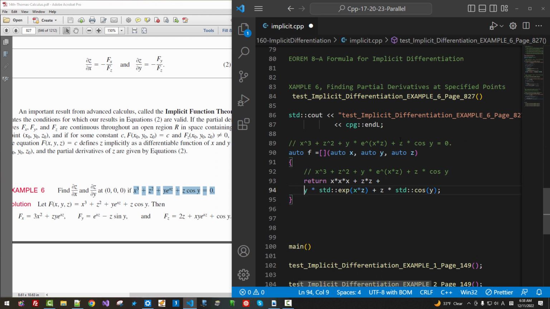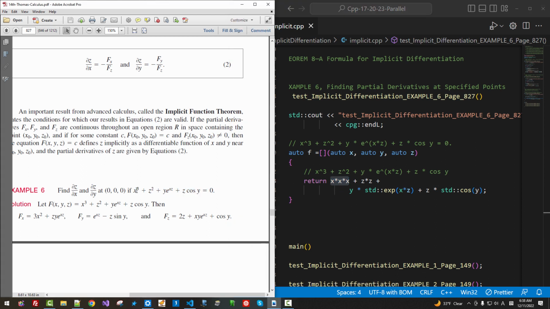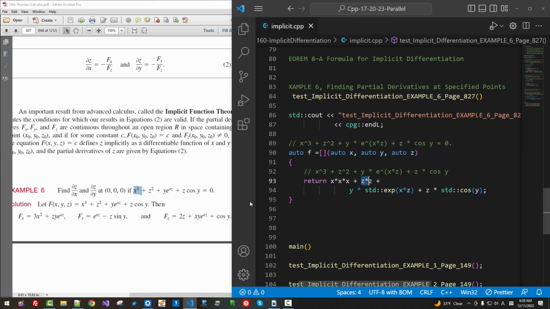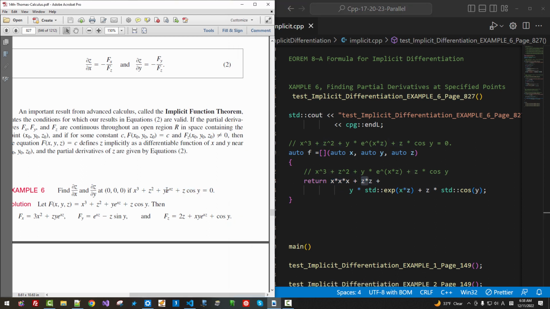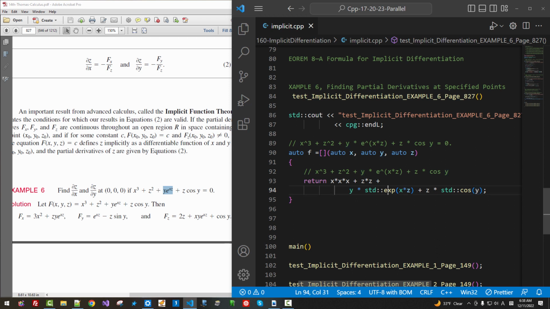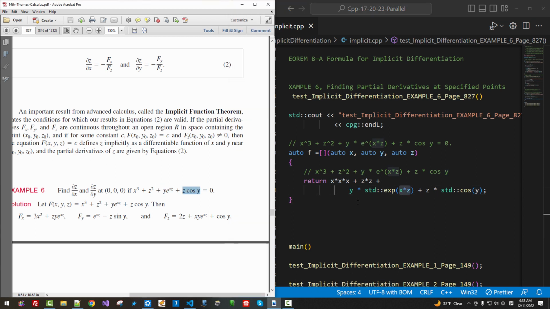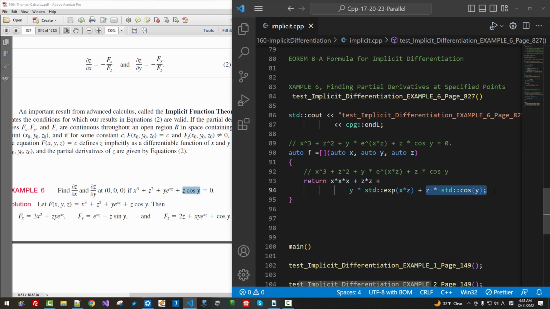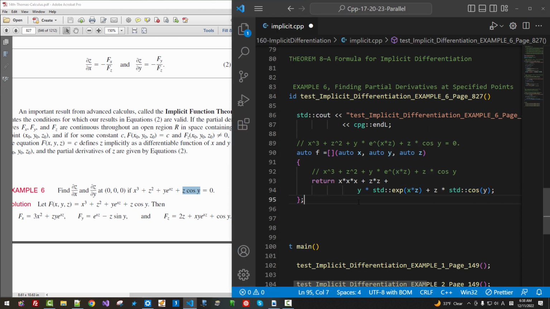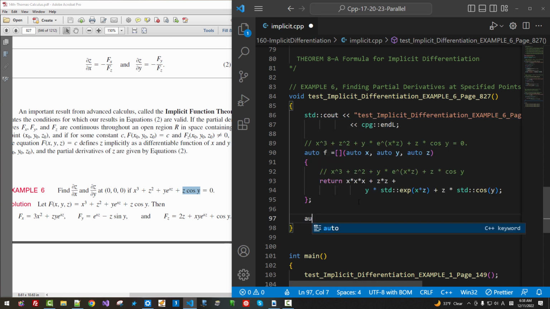I will give carriage return. So x cube, z square, y times e to the xz, z times cosine y. Don't miss semicolon.